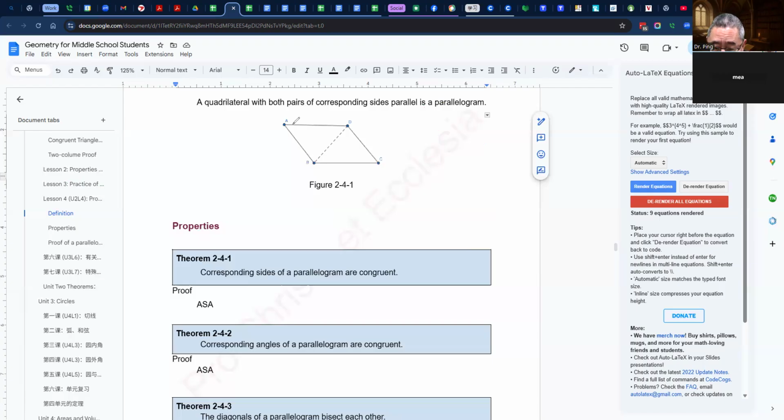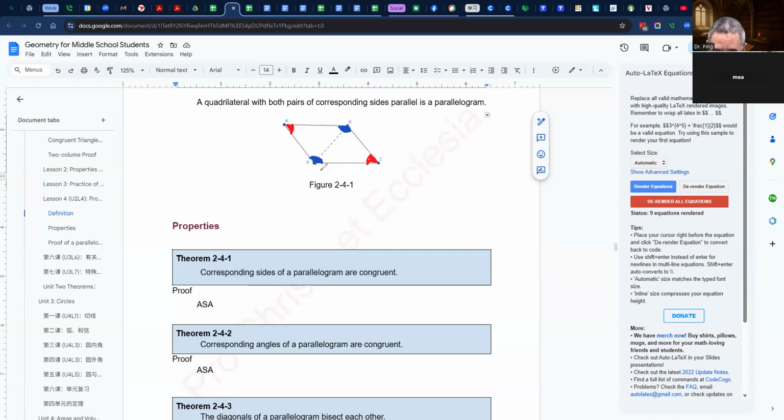That means this angle is congruent to this angle, and this angle is congruent to that angle. So just basically drawing, you can see that actually that makes sense. Well, to prove that, we are going to use the properties of quadrilaterals and parallel lines.